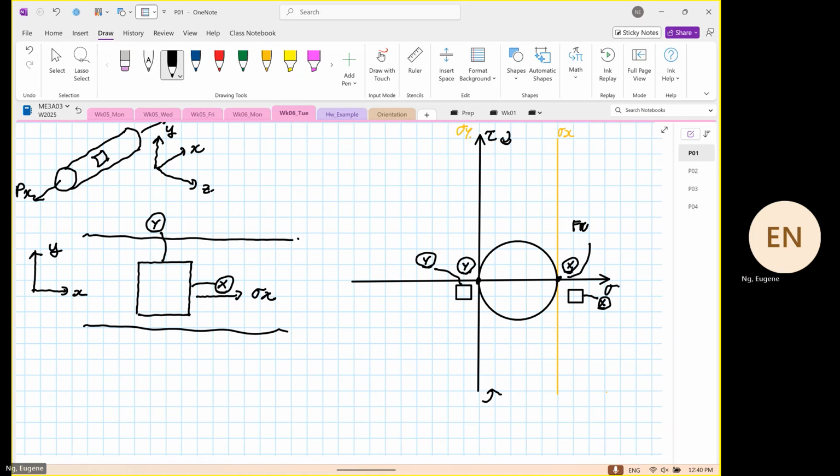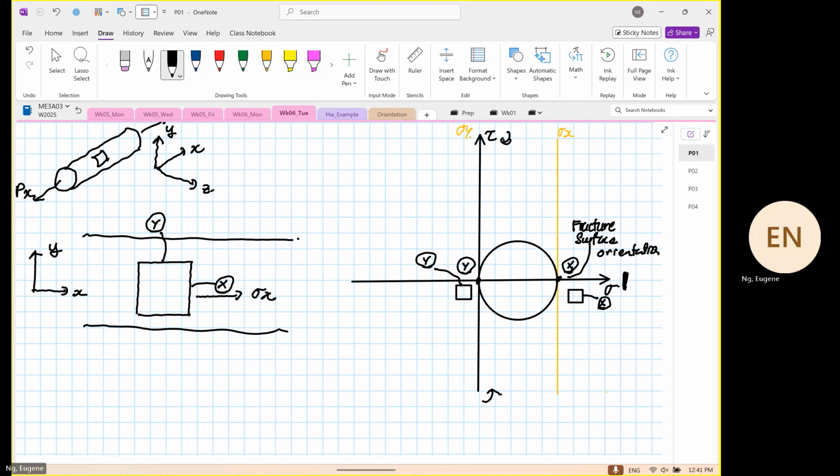Fracture surface orientation. So the fracture surface orientation is vertical. Yes or no? Right, that's your fracture. So that is the easy part.